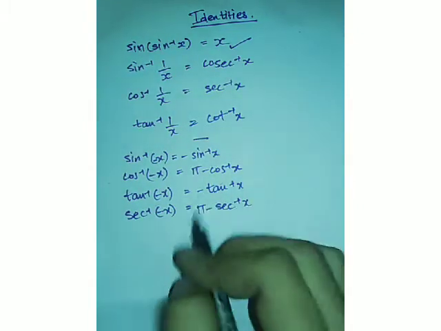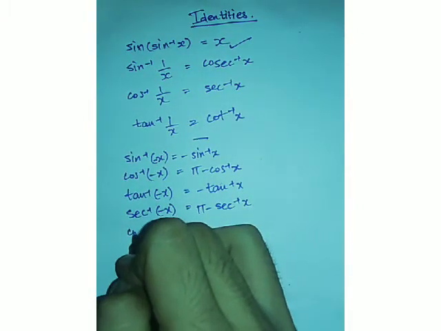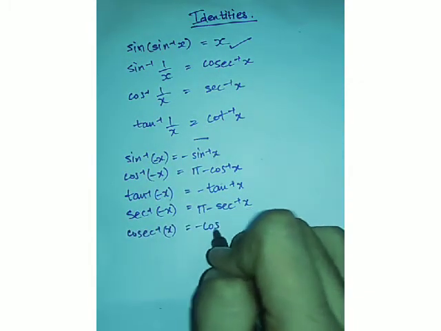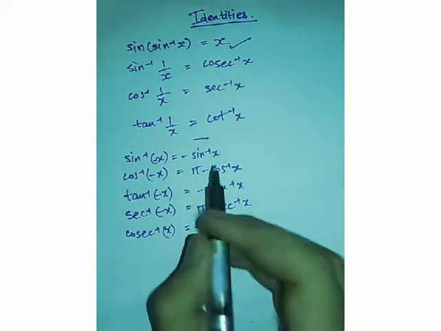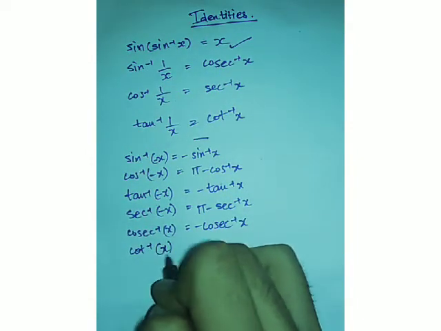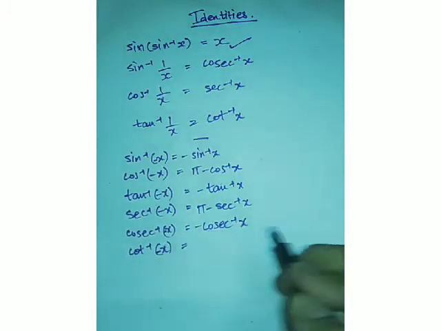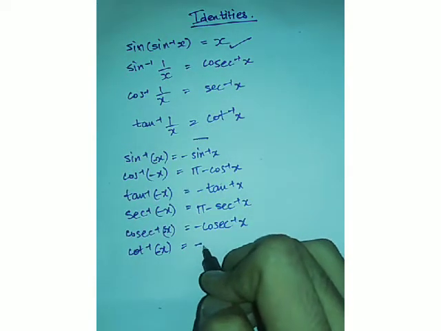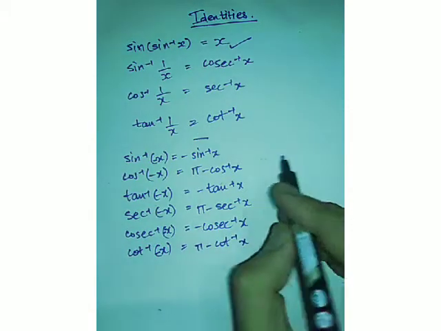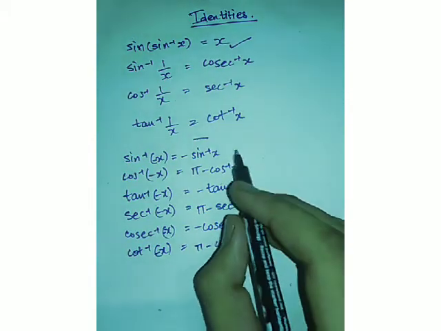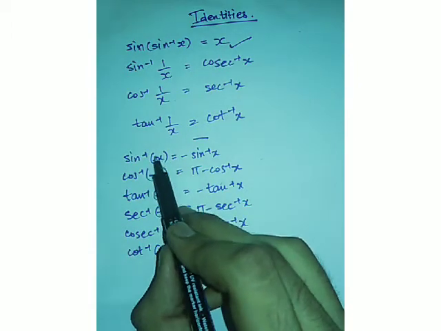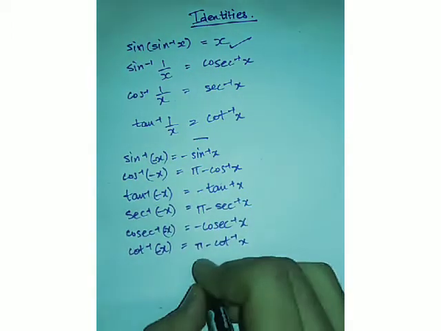It's a bit different again. Then cosecant inverse minus x is equal to minus of cosecant inverse x. Then cot inverse minus x is equal to pi minus cot inverse x. So you can learn how to deal with a negative sign in the angle of an inverse trigonometric function.